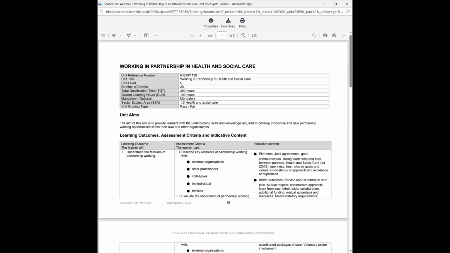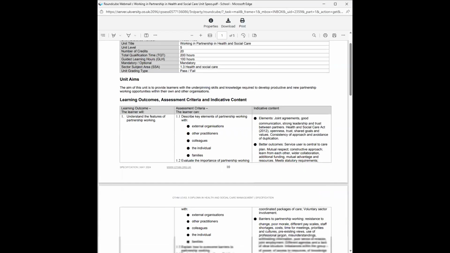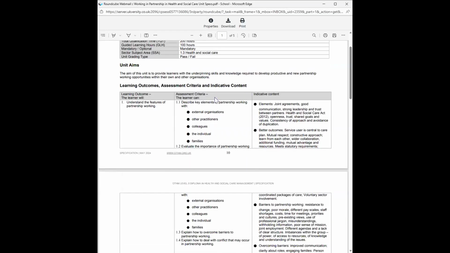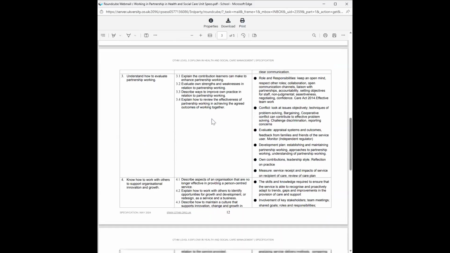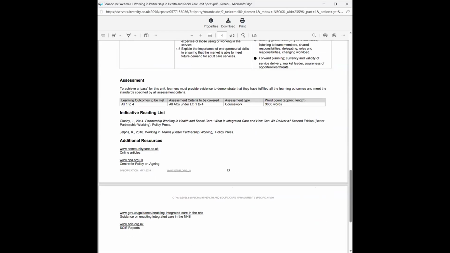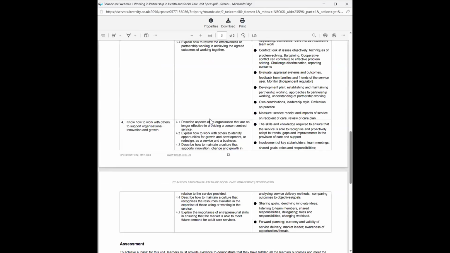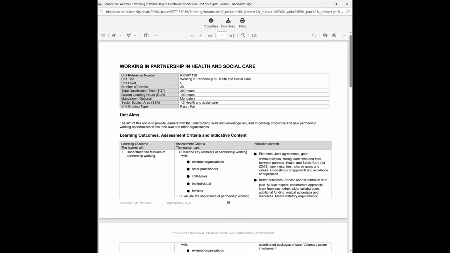The unit specification has 4 learning outcomes and the assignment discussion. The aim of the unit is to provide you as the learner with the underpinning skills and knowledge to develop productive and new partnership opportunities working with your own and other organizations.